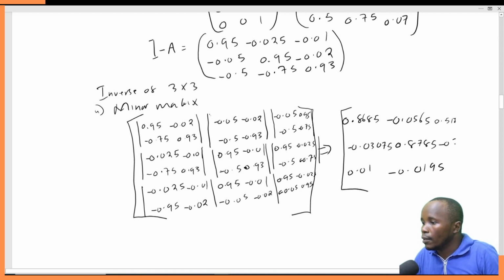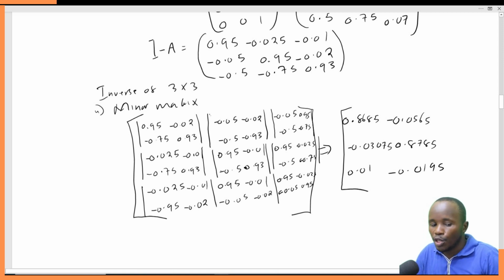Let me just wrap this. I said this one here should be 0.05 times 0.75. Subtract 0.5 times 0.95. This one should be 0.5125. Then this one is negative 0.725.